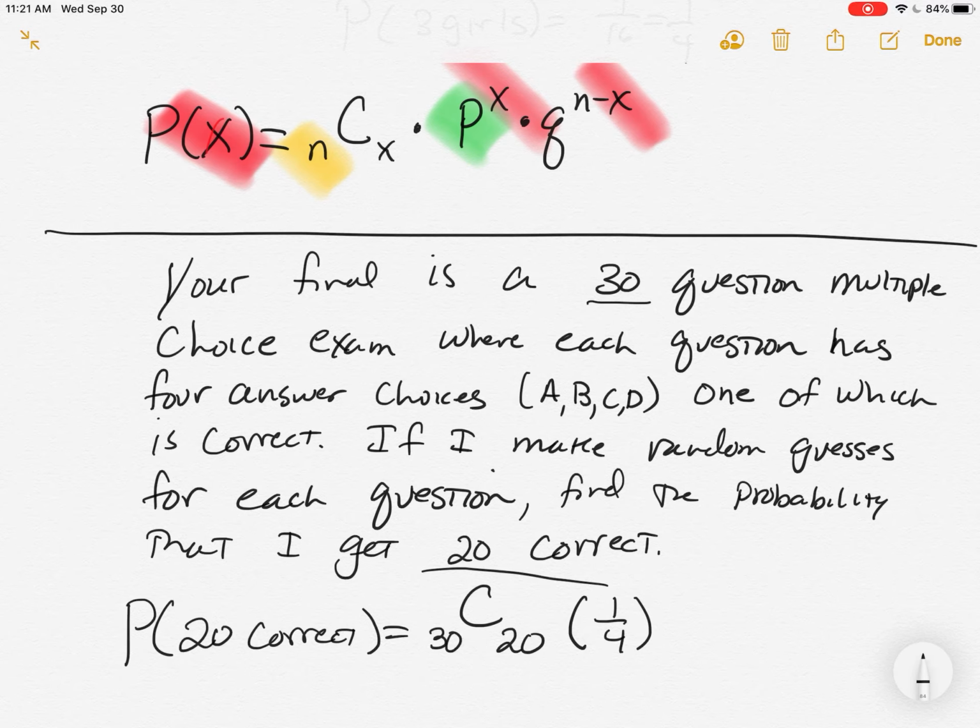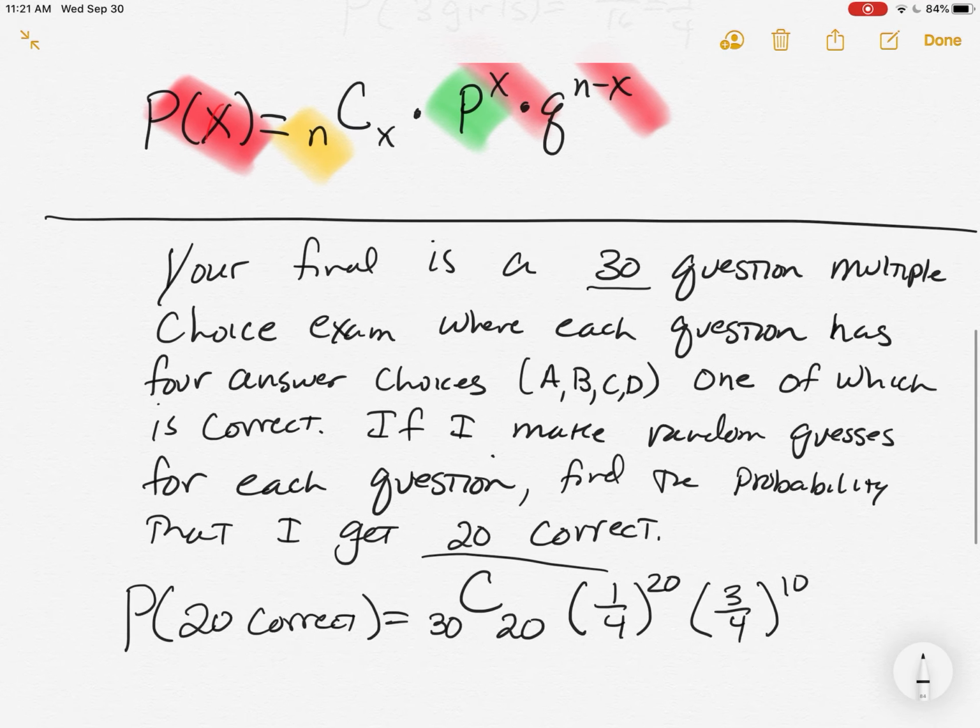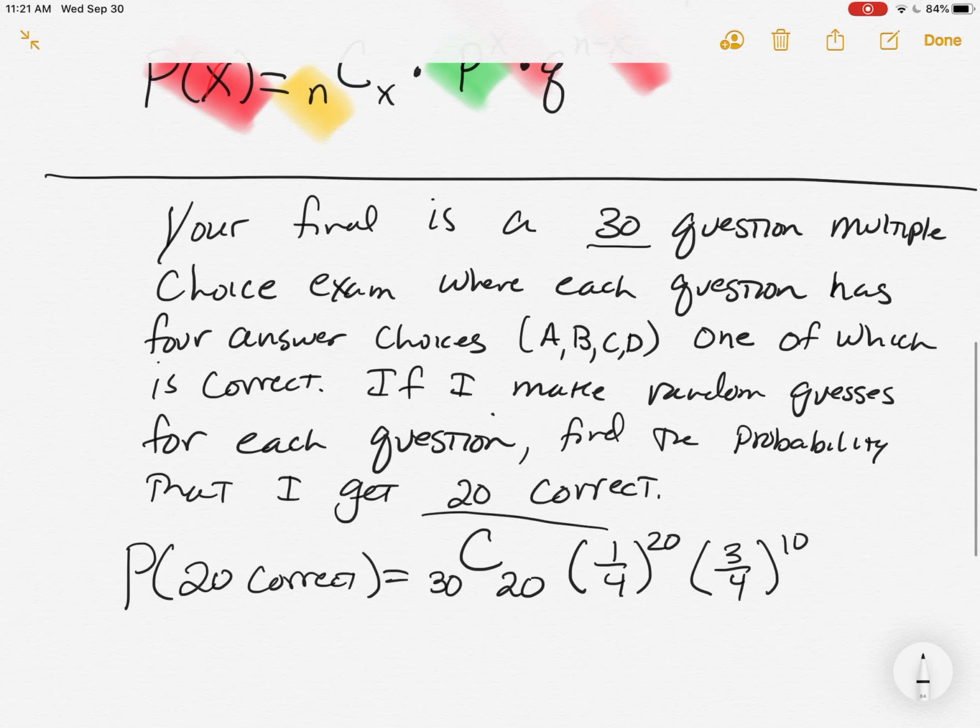So this 1 out of 4 number represents a correct answer. How many correct answers do you want? Well, you want 20. How many wrong answers do you want? Because you definitely want some wrong answers. Well, I want 10 wrong answers then, because I got to answer a total of 30 questions. And so inside here is 1 minus 1/4, right? If the probability of getting it correct is 1/4, the probability of missing it is 3/4.